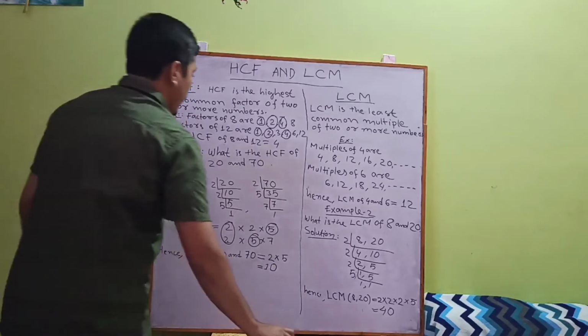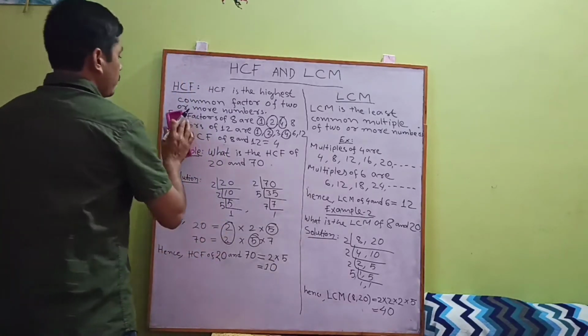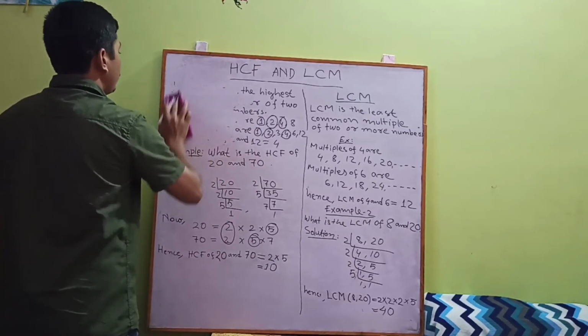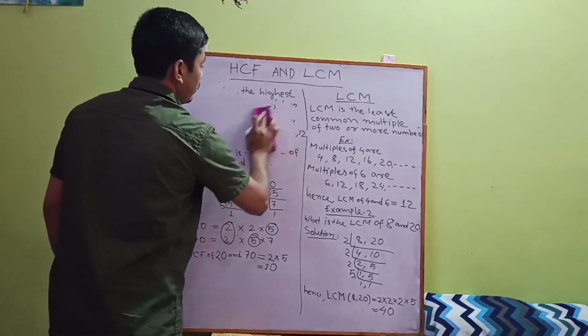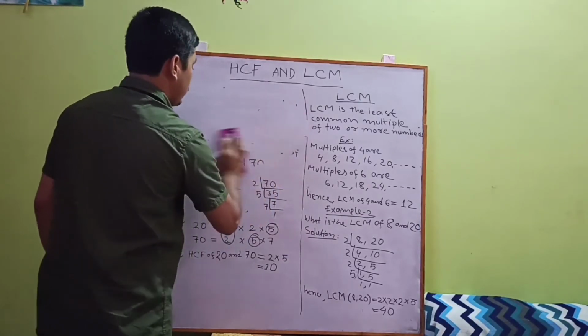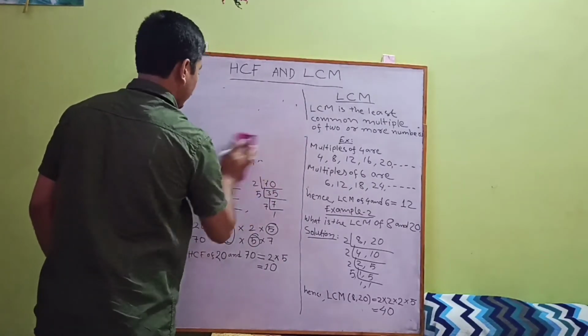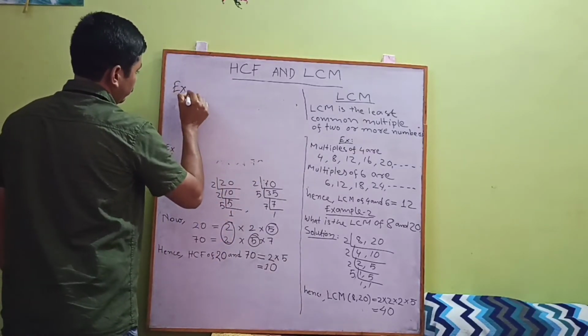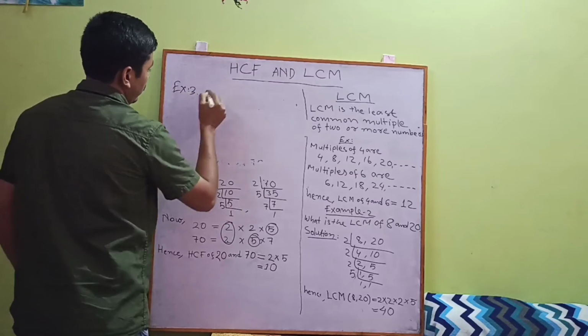It is explained with another example. Look, how do we find the HCF of more than two numbers? Another example, Example 3.